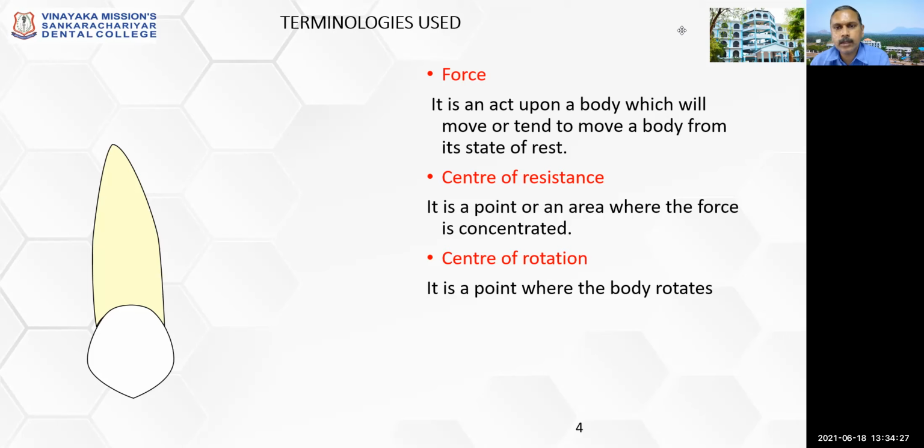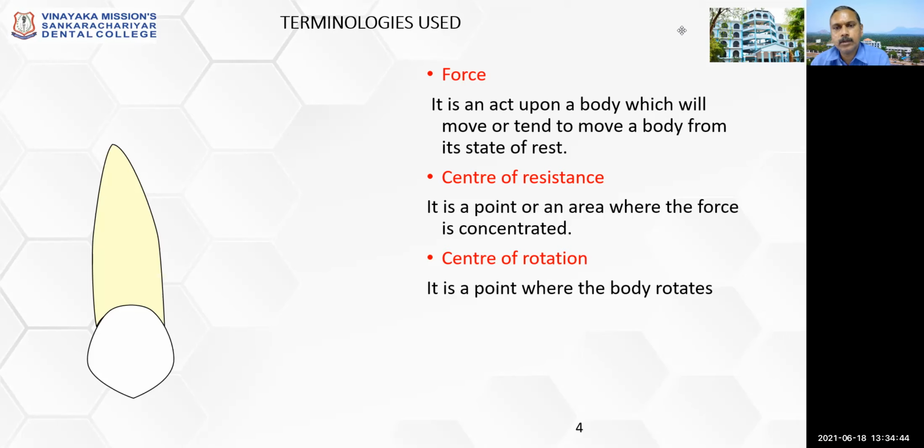So another terminology all of you should know is the center of resistance. What is the center of resistance? It is a point or an area where the force is concentrated.